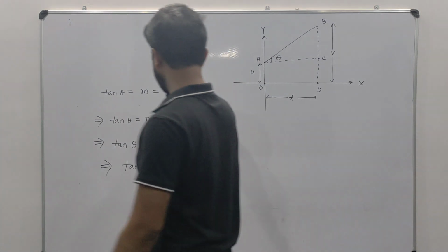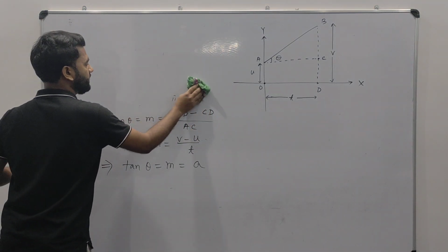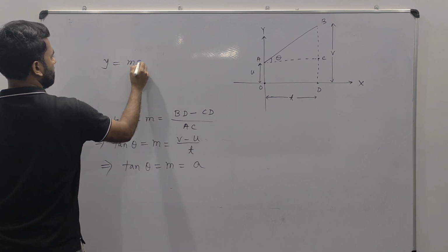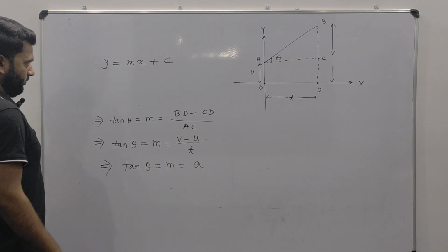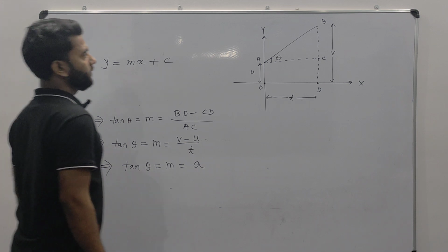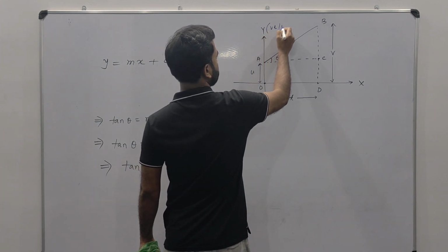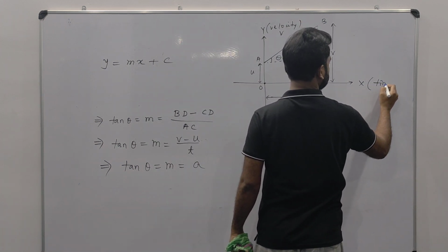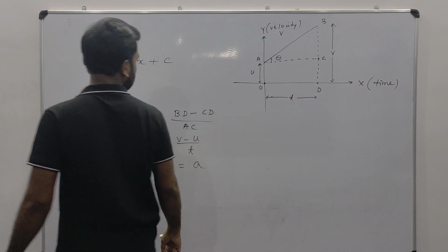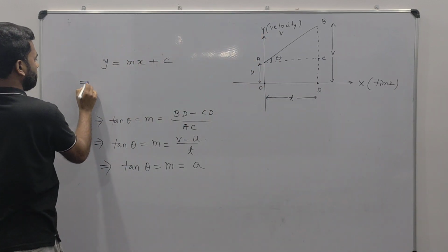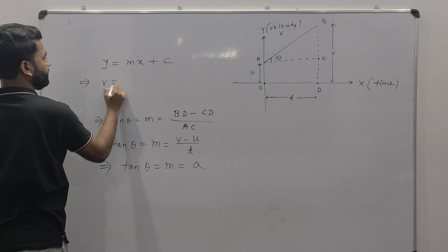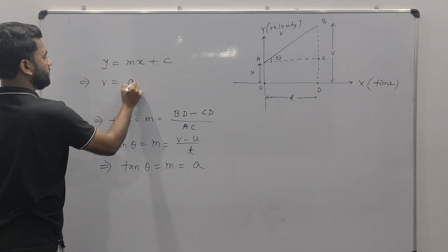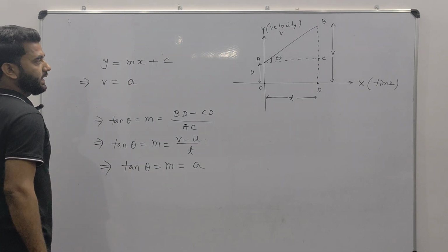Now, if we consider the equation of a straight line, y equal to mx plus c, then along the y-axis it represents the velocity v, and along the x-axis it represents the time. The vertical axis being velocity, put v along the y-axis. m being the slope, that is acceleration, put a in place of m.